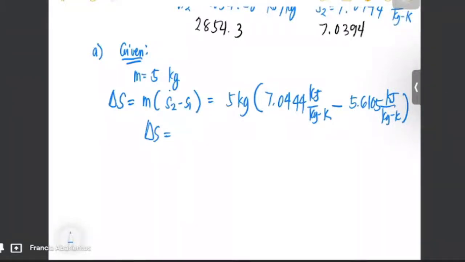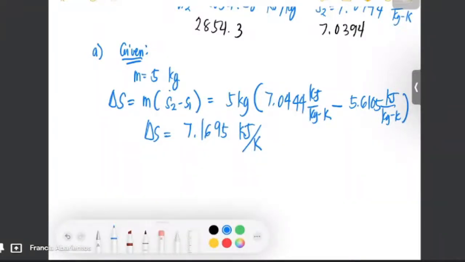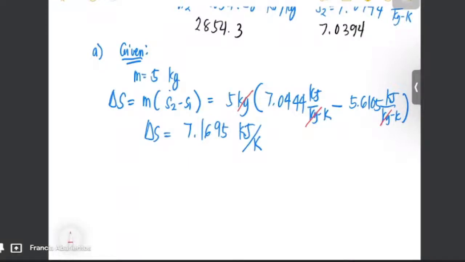Take note ang magiging units na natin. Sigurado kayo? 7.1695 kilojoule per Kelvin. That is now your units kasi makakancel si kilogram. Yan, makakancel na, class, kilogram. Okay? Thank you.